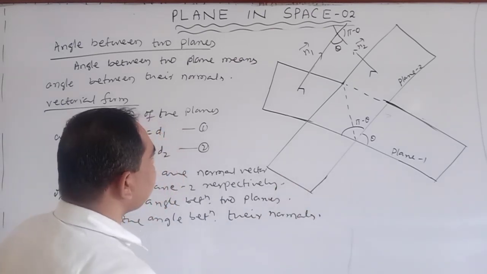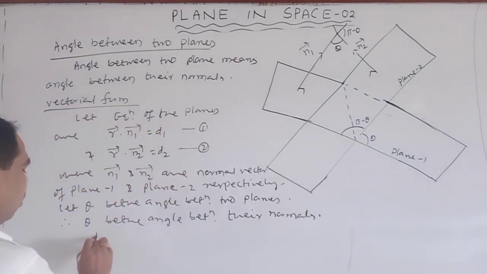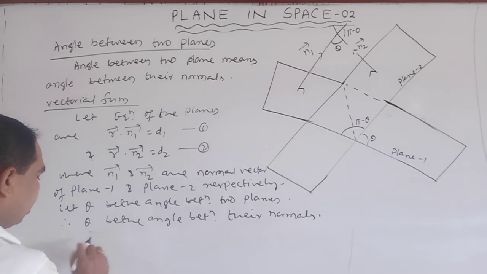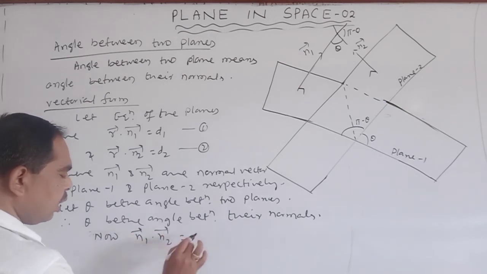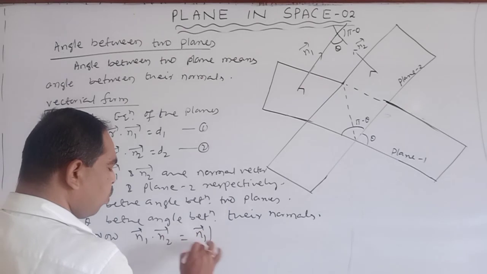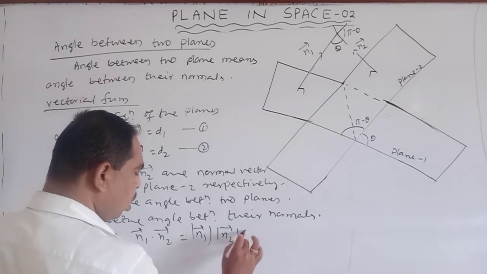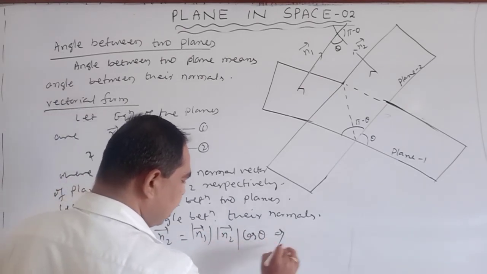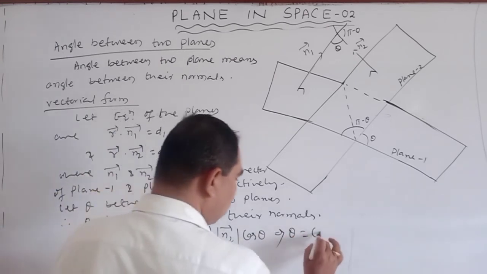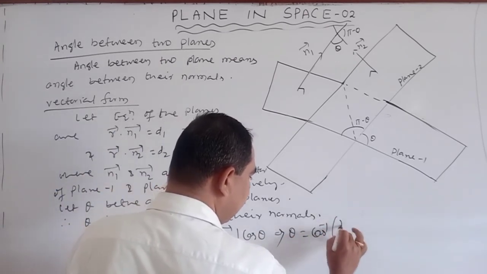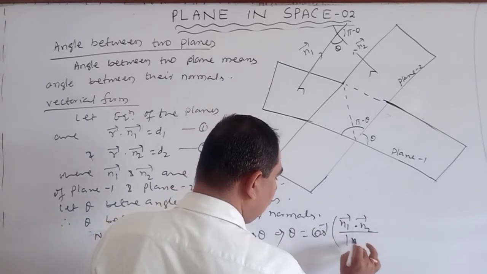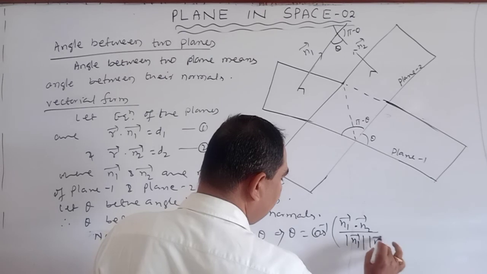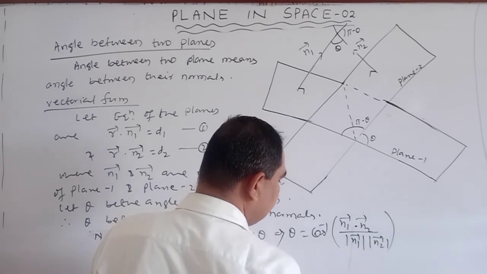Now n1 vector dot n2 vector is equal to what? n1 mod into n2 mod into cos theta. So this implies theta is equal to cos inverse of n1 vector dot n2 vector divided by mod of n1 into mod of n2. This is the angle theta.